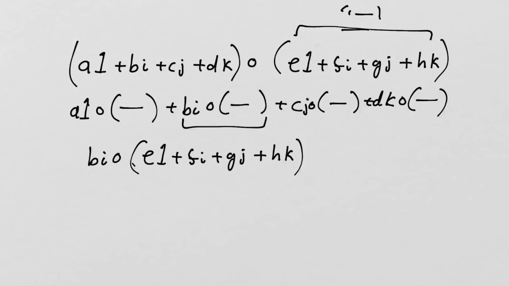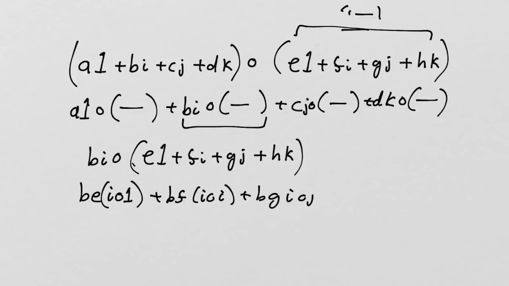So by definition, I can do the distribution, and I end up with b e i field multiply 1, plus b f i field multiply i, plus b g i field multiply j, plus b h i field multiply k.